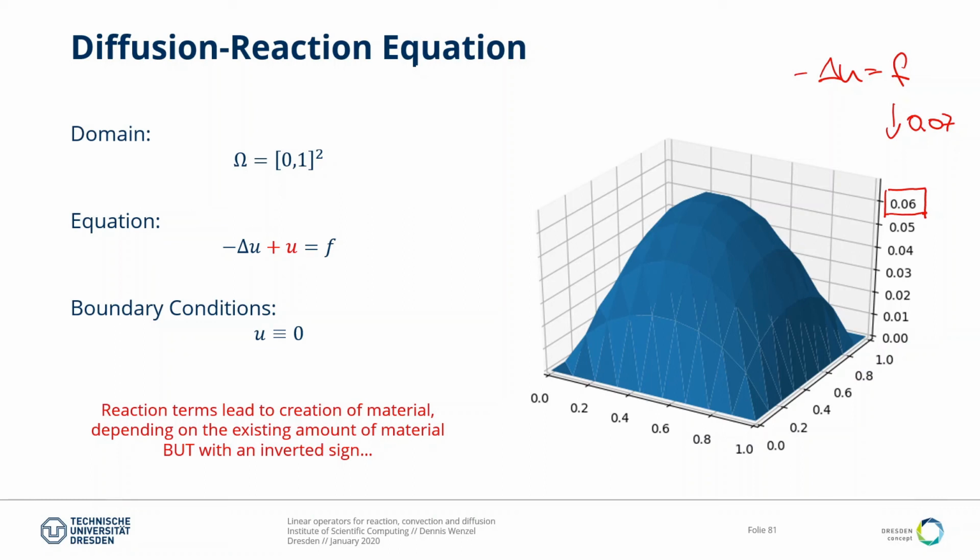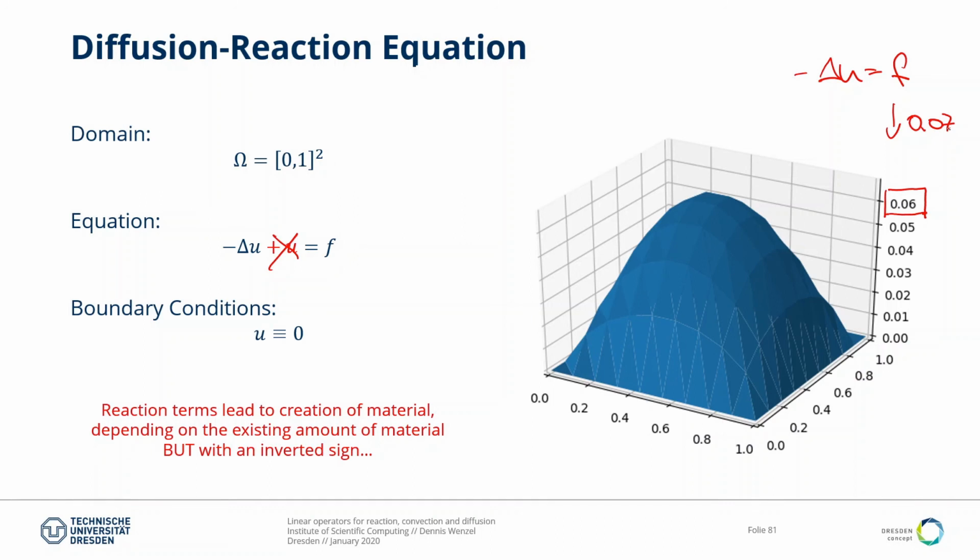And that also kind of makes sense, because if you think about ignoring this reactive term here, then the solution of this equation already gets value 0.07.